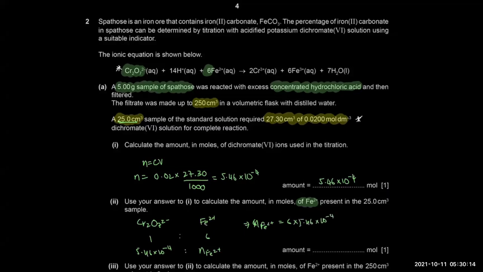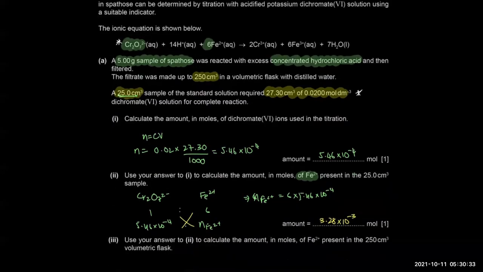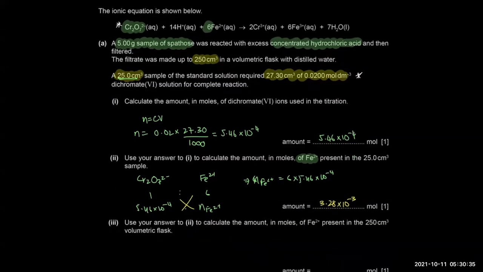So what does that come out to? It's 3.276 times 10 to the power of minus 3. Okay, so 3.28 times 10 to the power of minus 3 moles, right? Or 3.276. So we'll use 3.276 in our working, but okay.